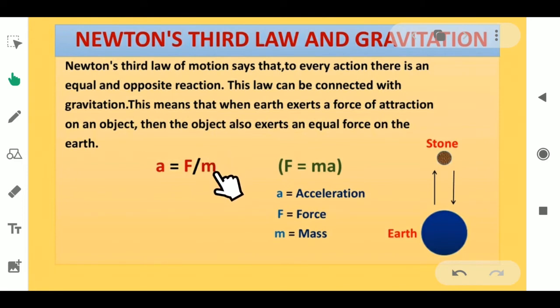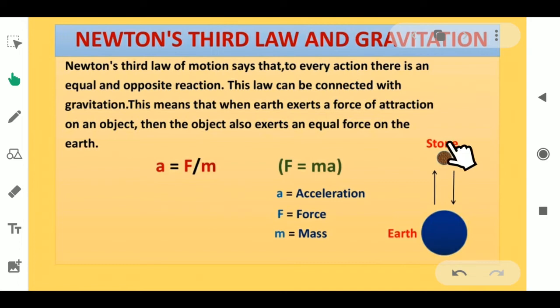Because here the mass is in the denominator. So acceleration is inversely proportional to the mass, which means what? A lighter body moves with greater acceleration and a heavier body moves with less acceleration. Right? You just connect this idea with this particular situation.